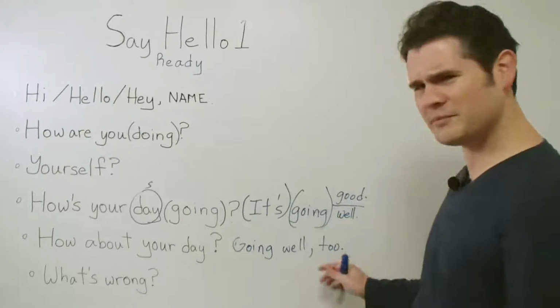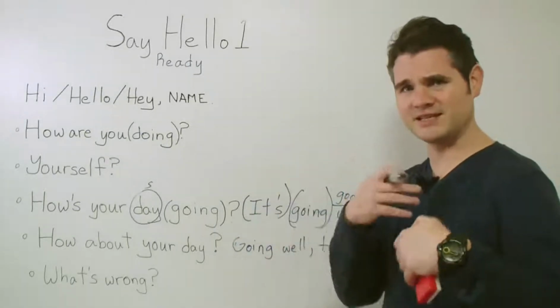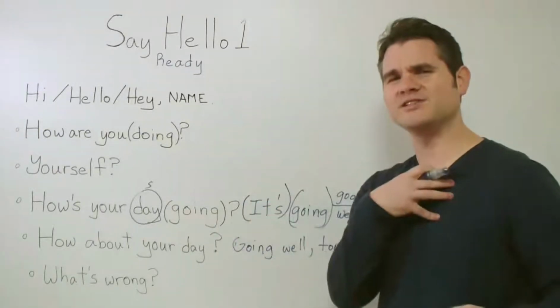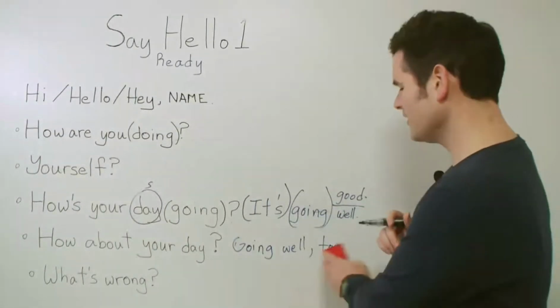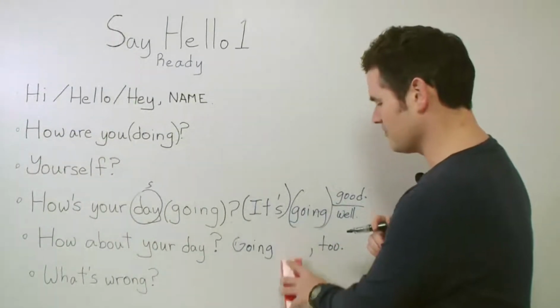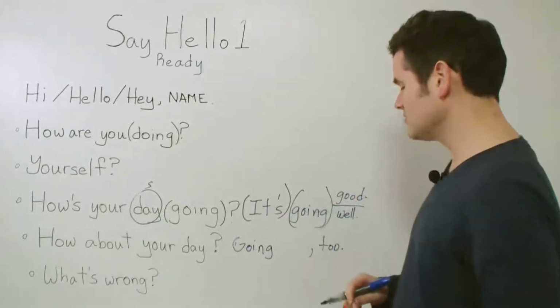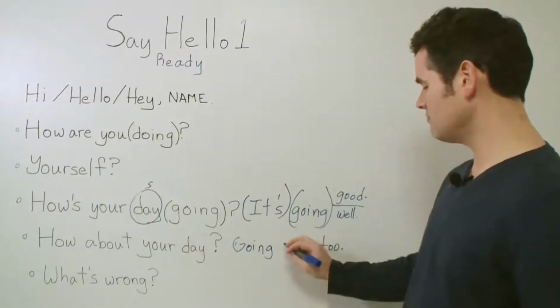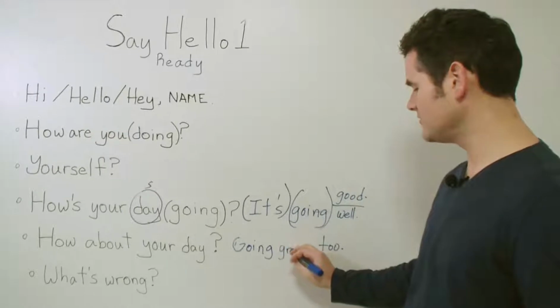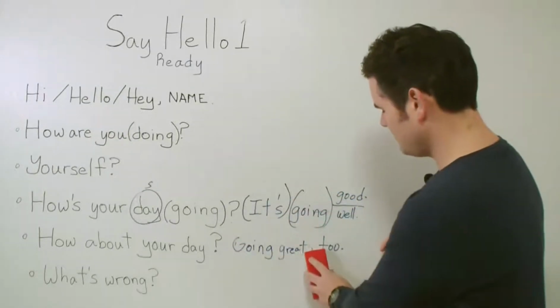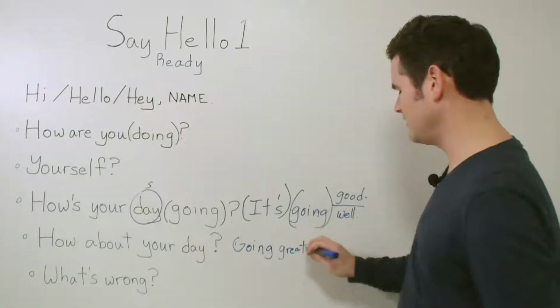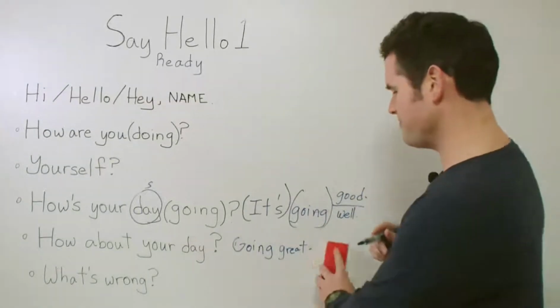So too just means it's in addition. My day is good too. Your day is good. My day is good too. Now, another way that person can answer this is going great. If they say going great, we're probably just going to erase the too.